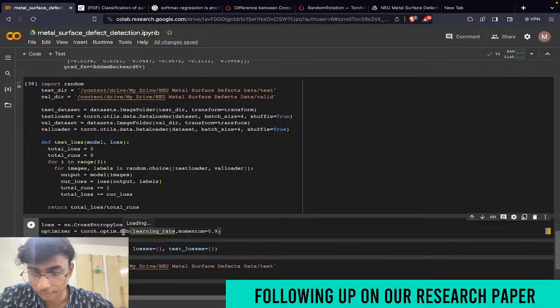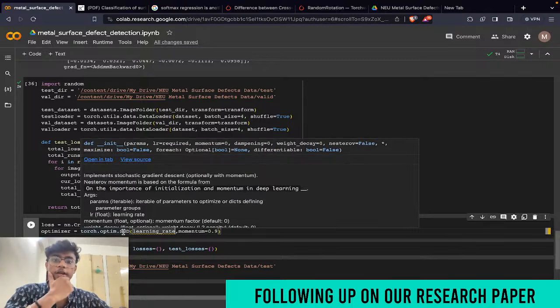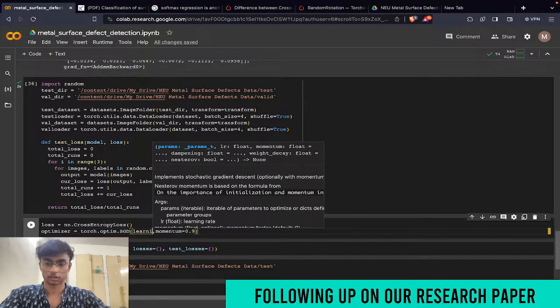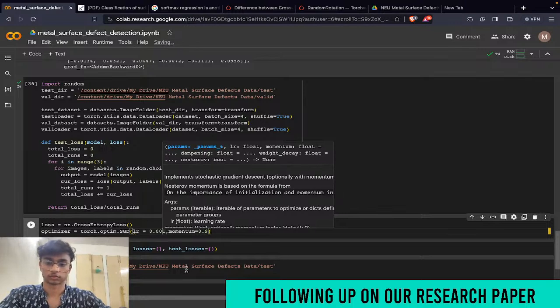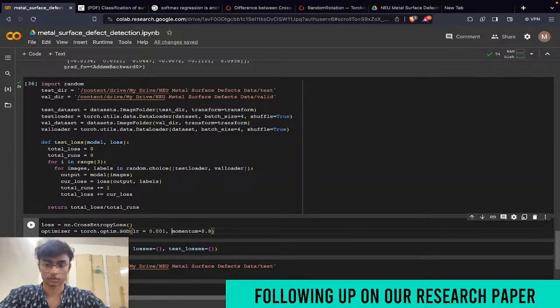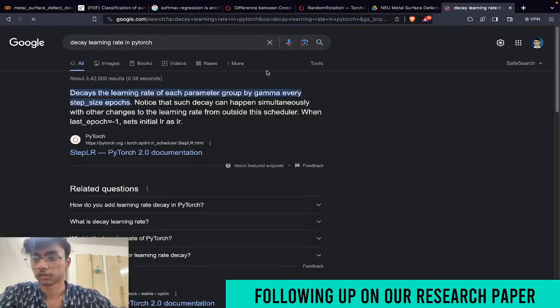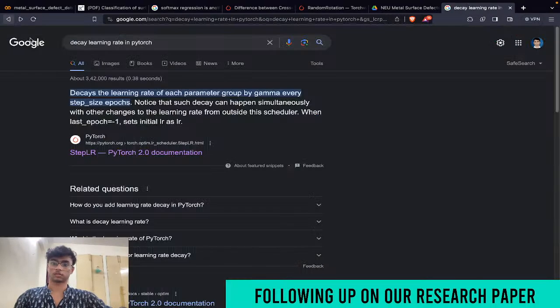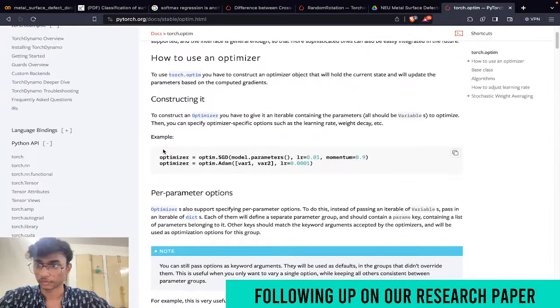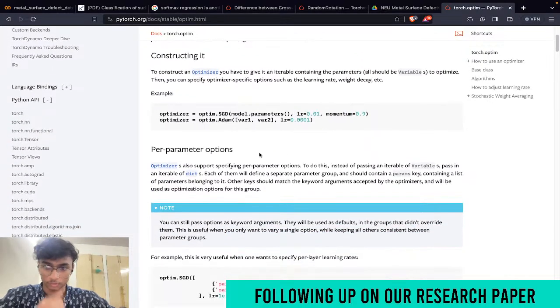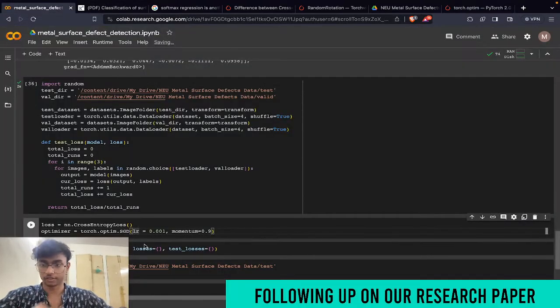We'll just quickly find all of the parameters. Learning rate, momentum, dampening, weight decay. Sorry. We also have to give it the model parameter.